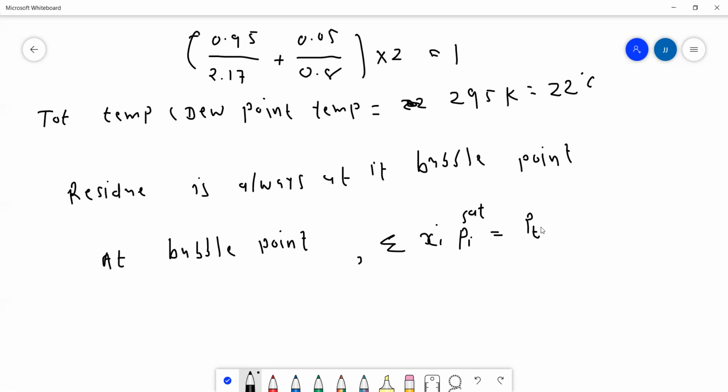You must have studied this in thermodynamics.